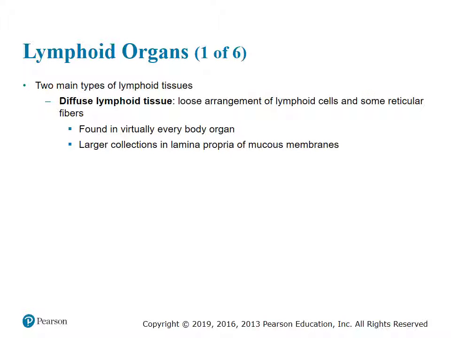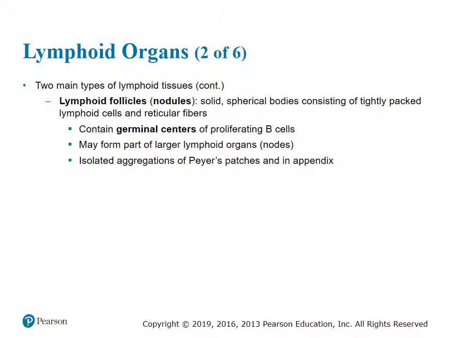And then there's places in that vessel where there's a highly packed area of lymphoid cells and reticular fibers, and we call that a lymph node or nodule, right? That highly collected area in a lymphatic vessel where it's tightly packed. It's a high concentration of lymphoid cells and immune system cells and the supporting cells and the reticular fibers.